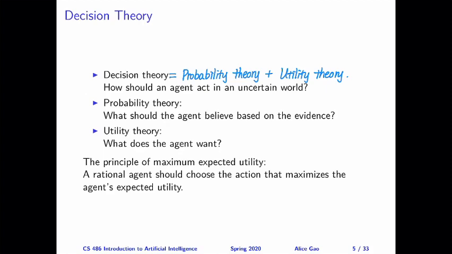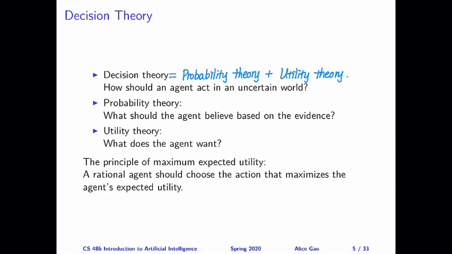Now, given these probabilistic estimates, how should an agent make a decision? Well, given the multiple possible states of the world, the agent has a preference over these states. The agent may prefer for some states to be realized than for other states to be realized. In other words, an agent has different degrees of happiness in each possible world.